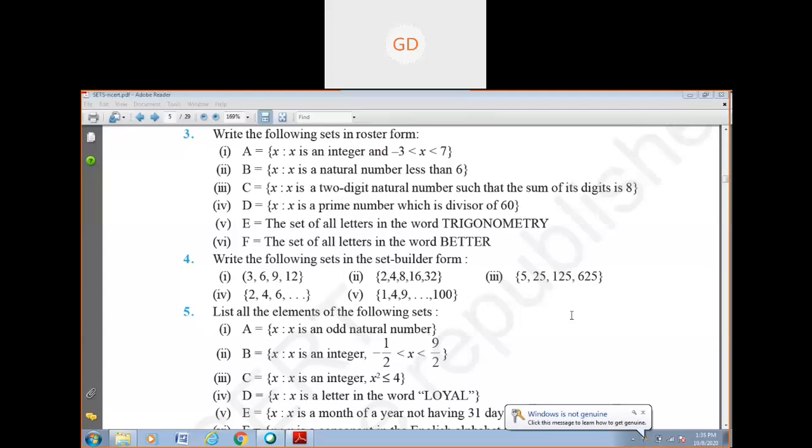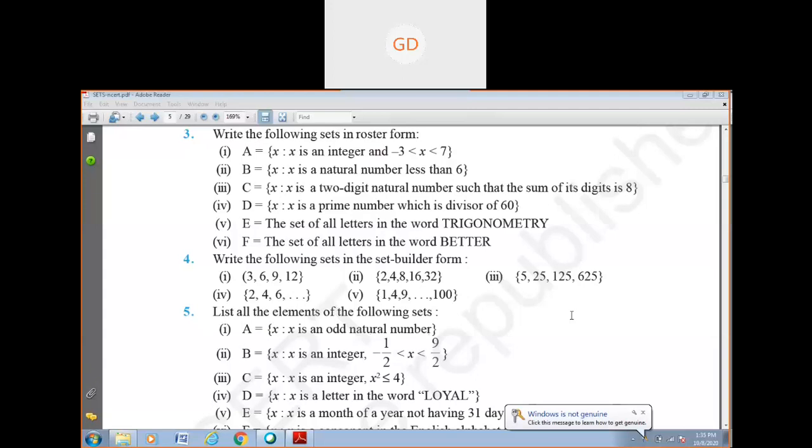If we put minus 2, minus 2 whole square means again 4, and the equal sign is there, so minus 2 is also an element of this set. So we have got elements minus 2, minus 1, 0, 1, 2. These 5 elements will be there in this set.